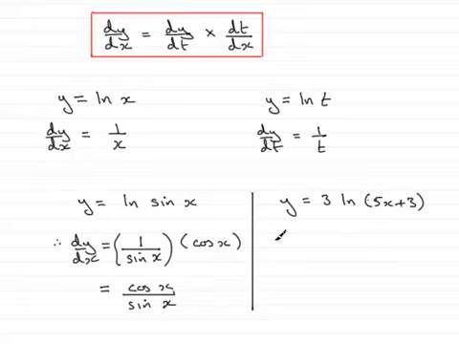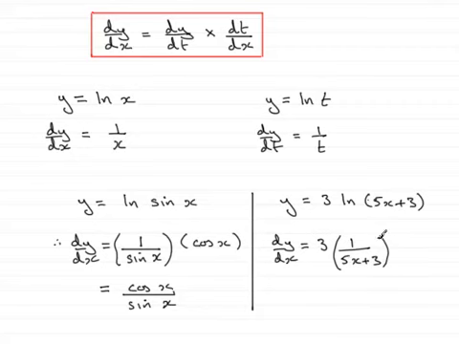Then what I do is to find dy by dx, I nominate 5x plus 3 to be the single letter t. So I have 3 times the differential of the natural log of t, which is going to be 1 over t. In other words, 1 over 5x plus 3. I'll put that in brackets.